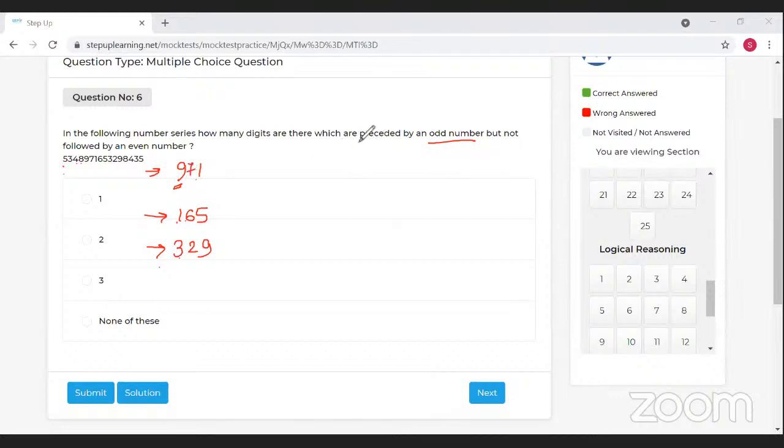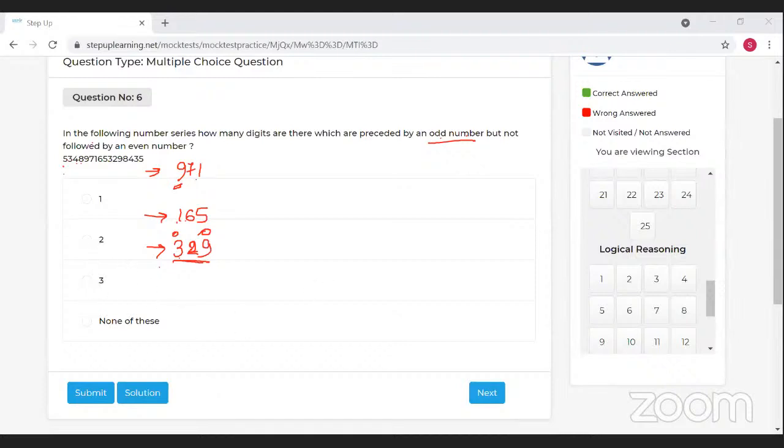But see, how many digits are there which are preceded by an odd number but not followed by an even number? So this is possible, Aditya. 2 is preceded by odd number and not followed by even number. It means that it should be followed by odd number only. So hence your answer is 3.